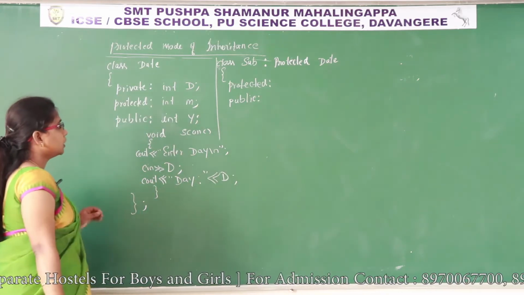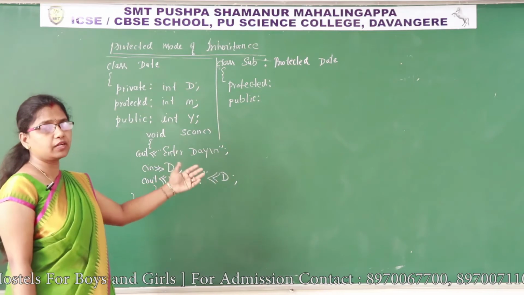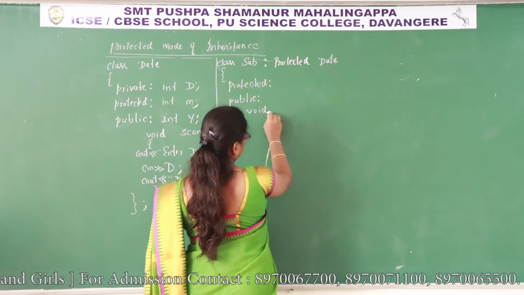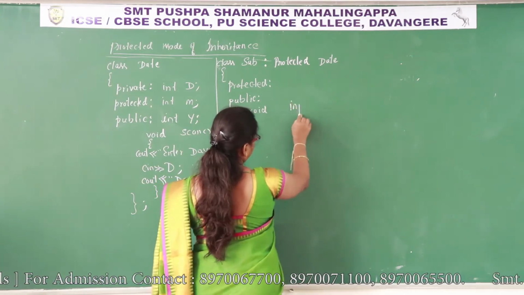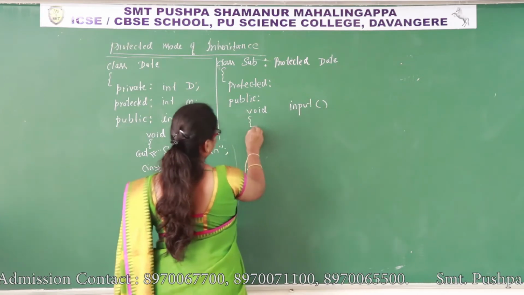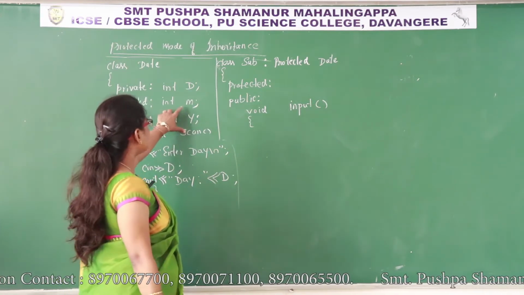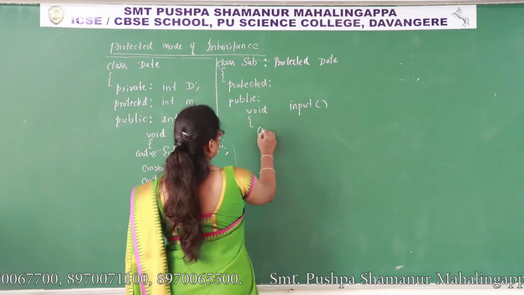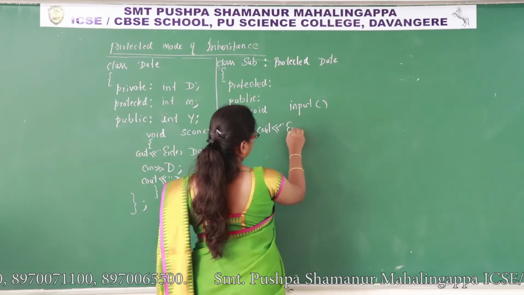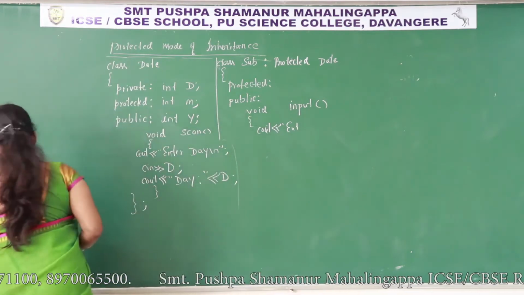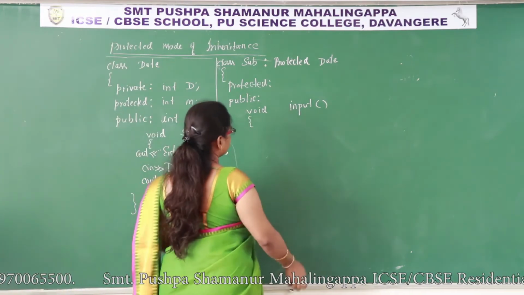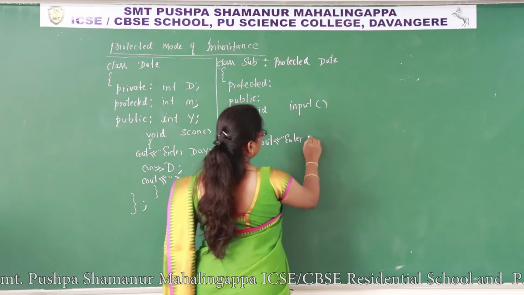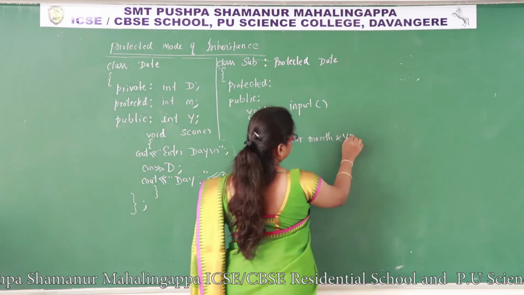In order to access protected data of a class, we need a member function. So I'll take that member function in the public section. Void input, open flower bracket. So I need to access M and Y. These two are in the protected section. Cout enter month and year.